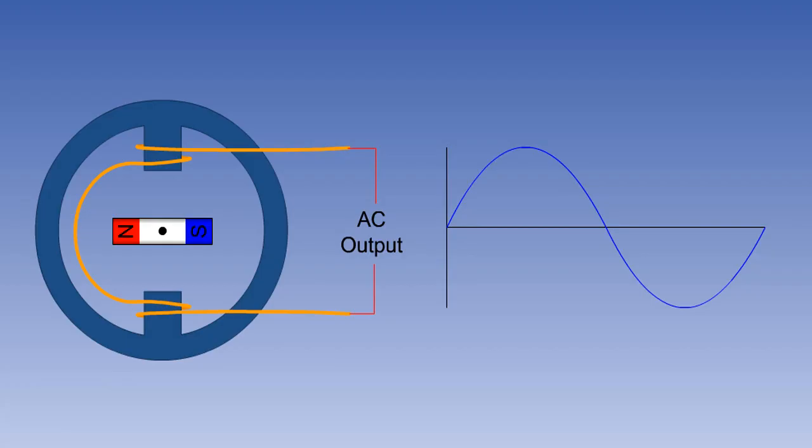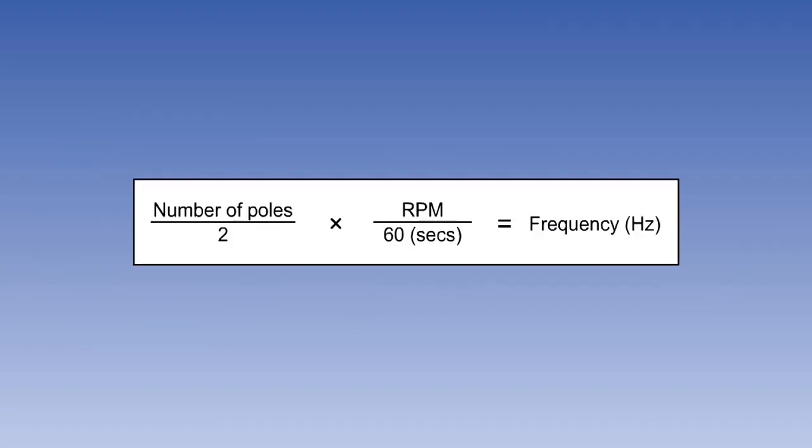Thus, the frequency of an AC generator is the number of times a north and a south pole pass the armature in 1 second. The formula for calculating the frequency in hertz of an AC generator is shown on the screen.